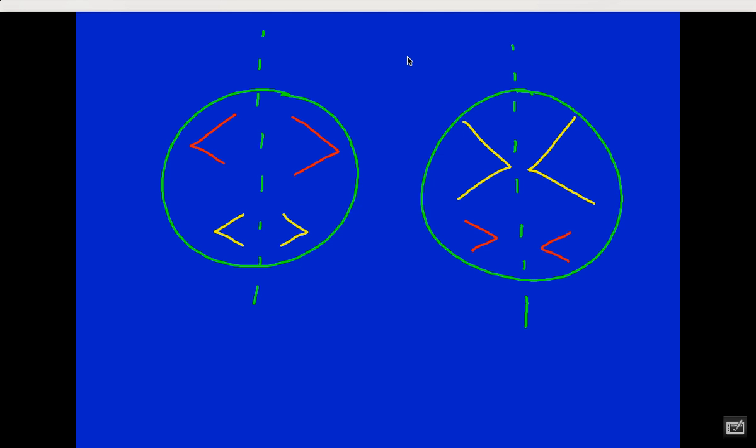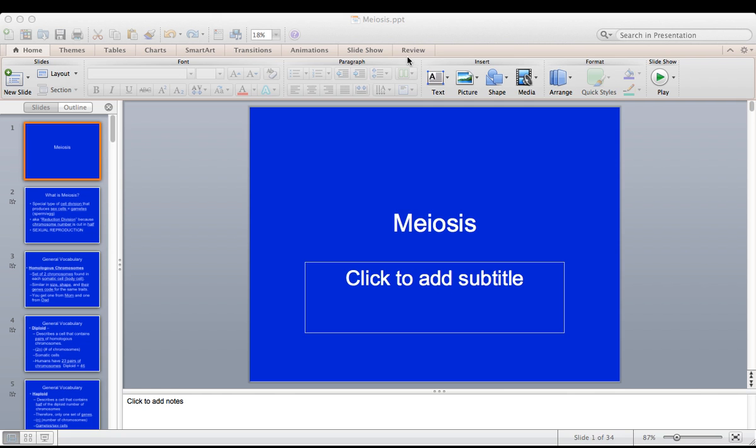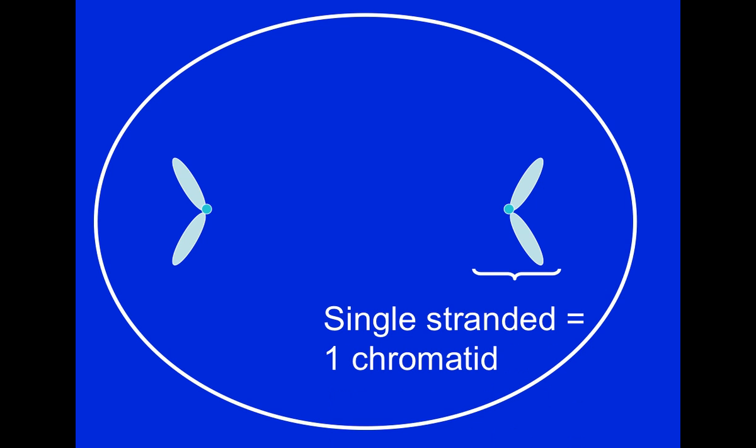And they are getting pulled to either end. They actually get pulled apart just like this. So we have a single strand, so it is now 1 chromatid, but because we have 2 of them, they each count as a separate chromosome, so that's why we temporarily go back to diploid.